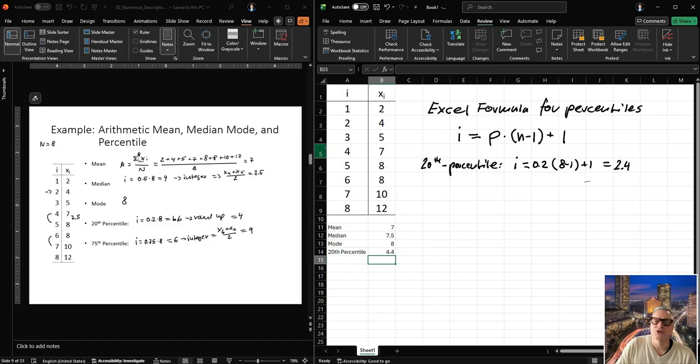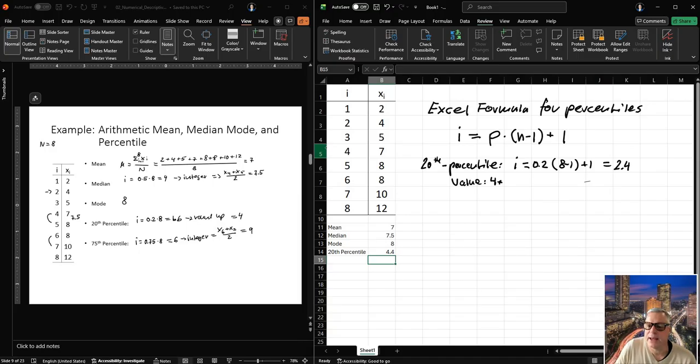Okay, so now 2.4, Excel just doesn't round up. Excel thinks, okay, what can 2.4 be? So then Excel says, okay, at 2, we have the value of 4. So the value that Excel returns is the 4 from the second.